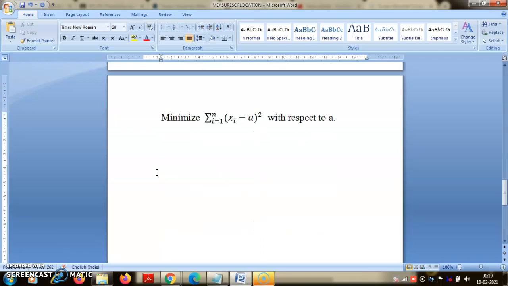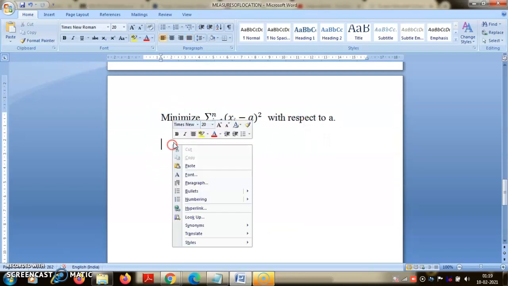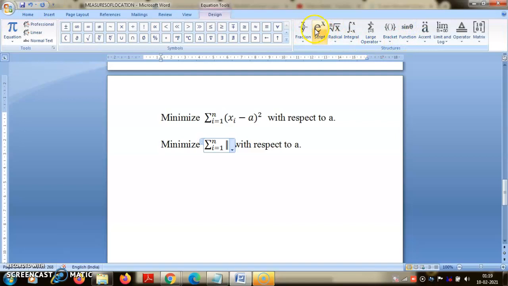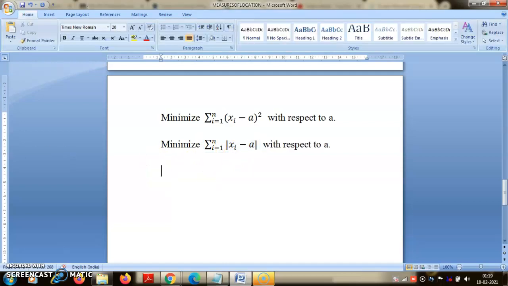Next, if I minimize, instead of the sum of squares, the absolute deviation, the sum of modulus of xi minus a with respect to a, can you guess what the minimizer will be? I want you to think over this problem.